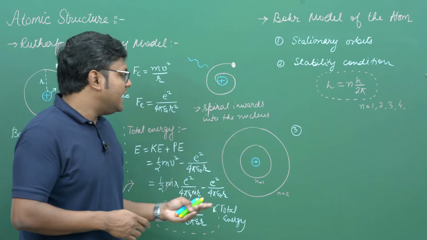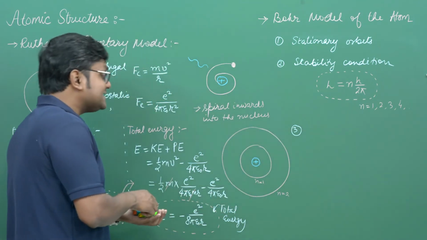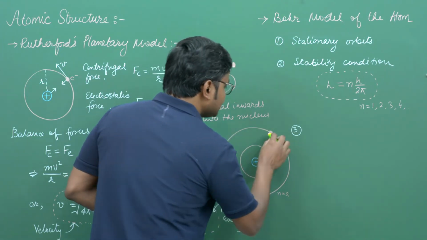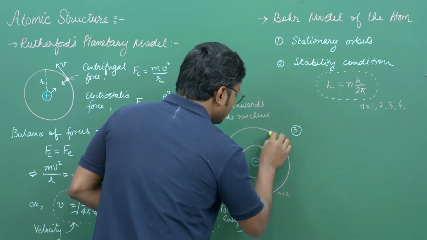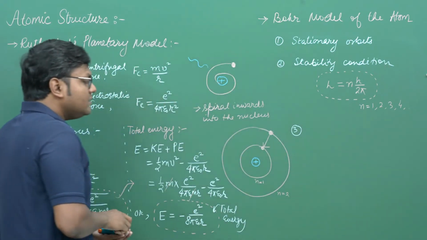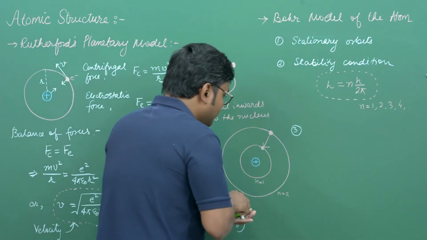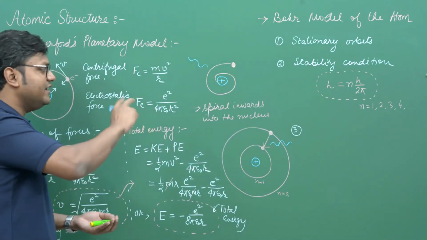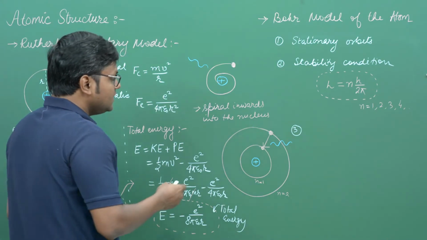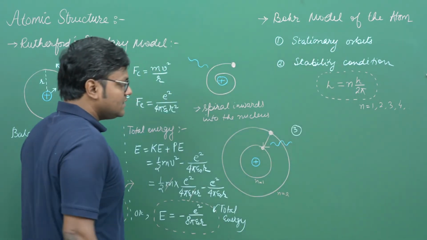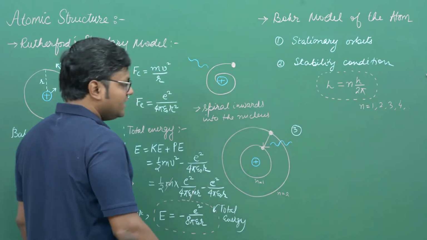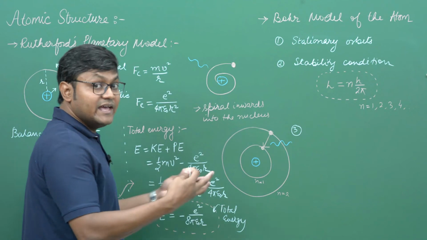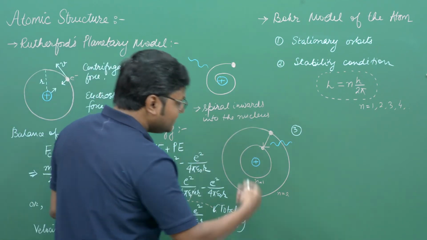For example, if an electron is in an excited state and it jumps from the excited state to a lower state or the ground level, then an equivalent amount of energy is released in this process, which is equal to the difference in the energy between these two states. Let's suppose there are multiple stationary states corresponding to this stability condition, and each one of these orbits has a specific energy associated with it, and these energies are different.